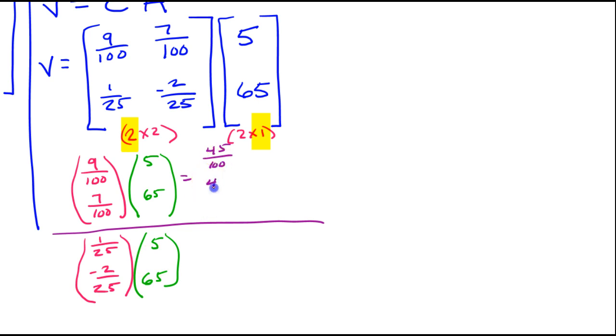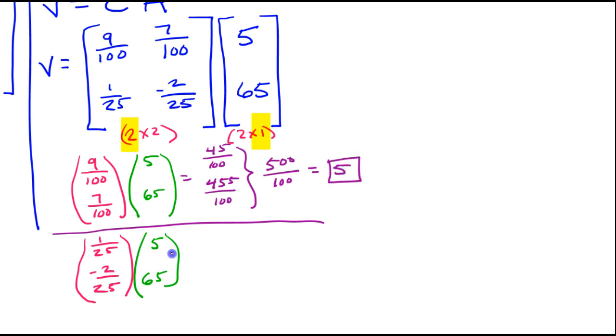That is 455 1/100ths. Okay, now I'm going to add these up and see what I get. Alright, this turns out to be 500 1/100ths. Alright, I'm just adding these together. So this, of course, is simply 5.